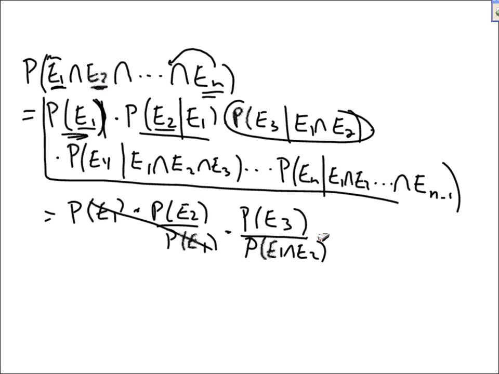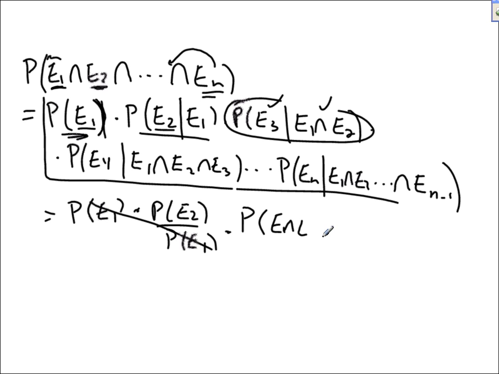Okay, so let me state that right. Now I see why I didn't feel good with that. This probability is the probability of this intersect that, which is E1 intersect E2 intersect E3, divided by the probability of this, E1 intersect E2.